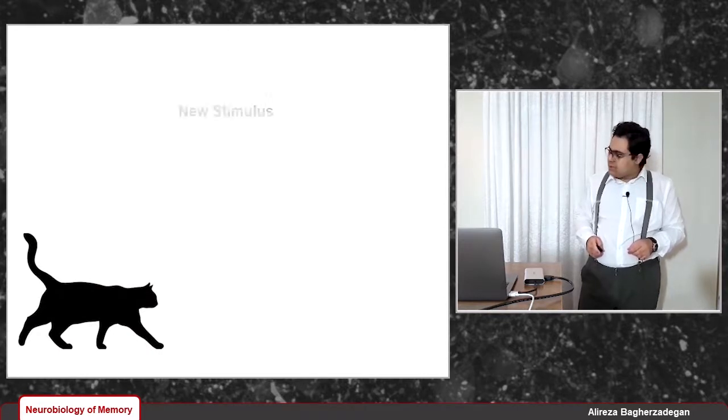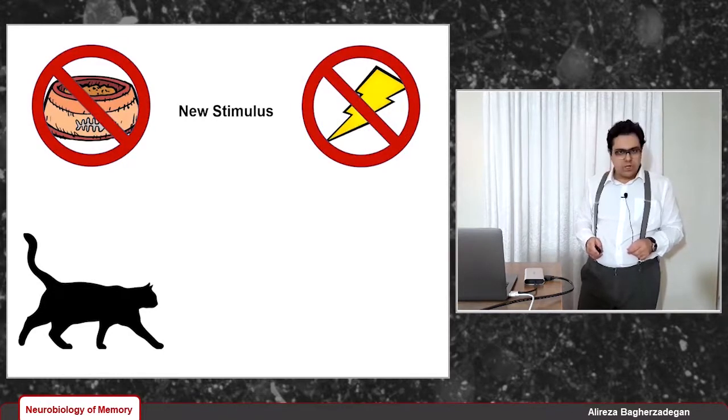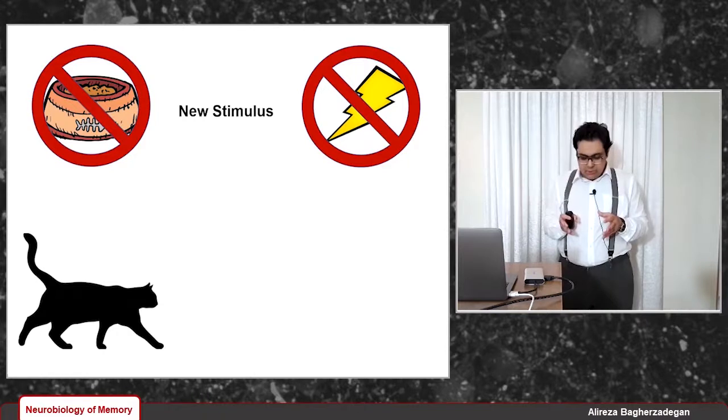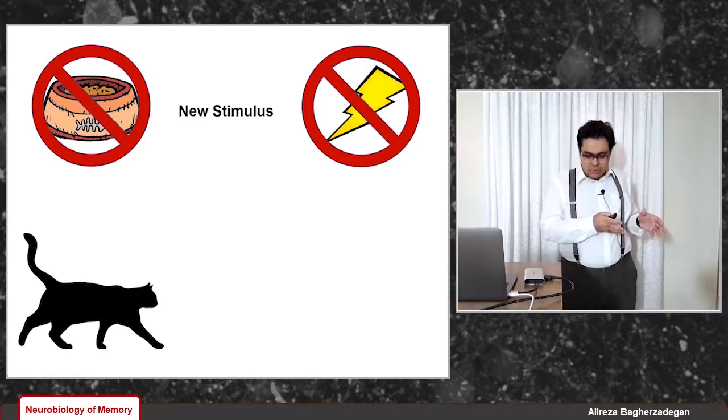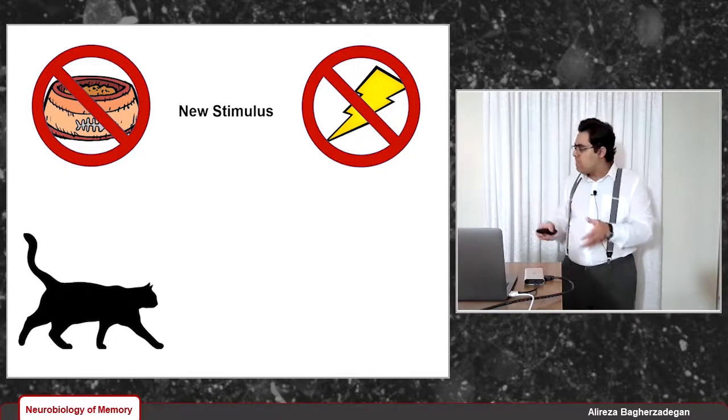Let's see what happens when we introduce a new stimulus. It's neither food nor electric shock. It's a stimulus which is neither useful like the food nor harmful like the electric shock.